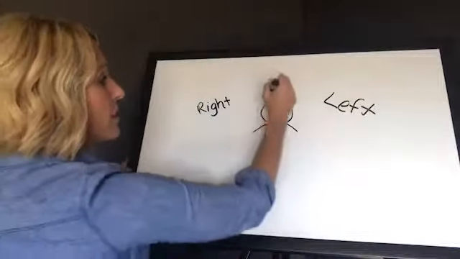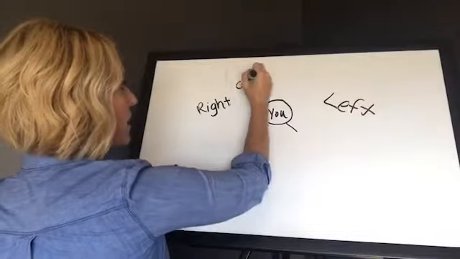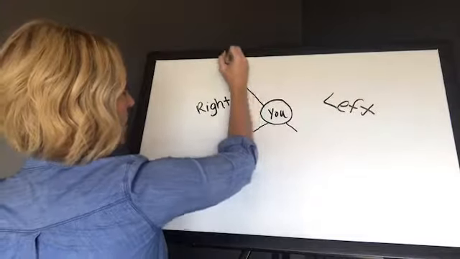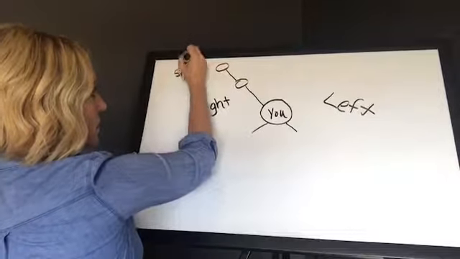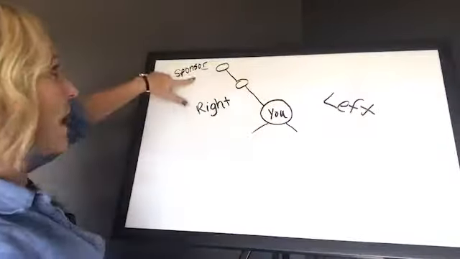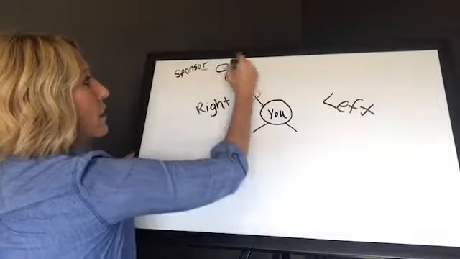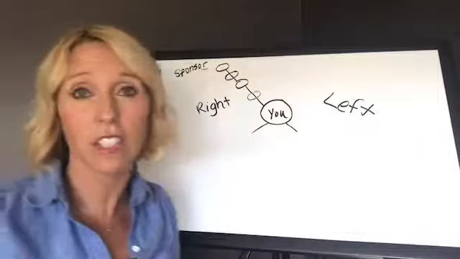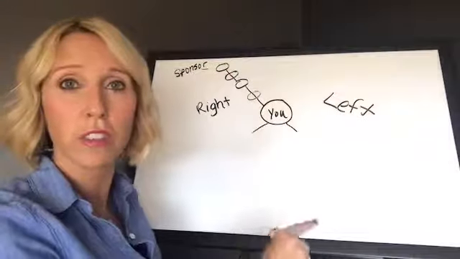So let's say this is you, and this is above you, and there's somebody here who is your sponsor. There's a good chance that there are several people here, but there's a leg that you share with your sponsor.